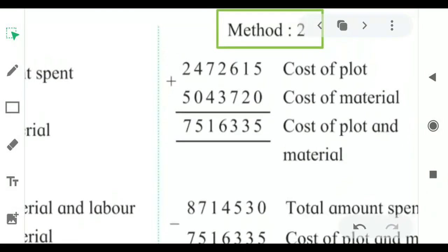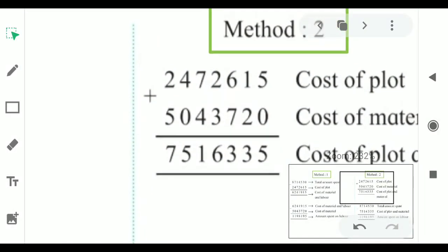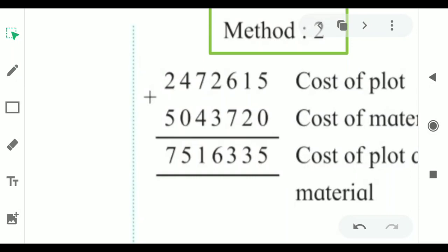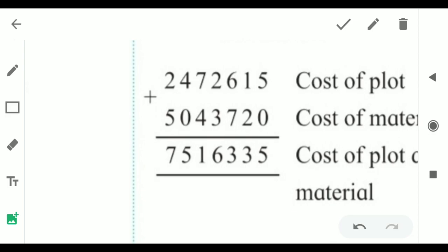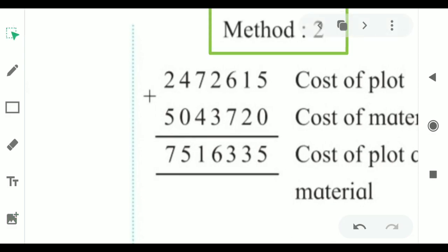So see here. First we add the cost of plot and cost of material. 5 plus 0, 5. 1 plus 2, 3. 1 plus 2 is 3, and 6 plus 7 is 13. So we write here 3, and 1 is carried over to the next place. Then 2 plus 3, 5. 5 plus 1, 6. 7 plus 4, 11.